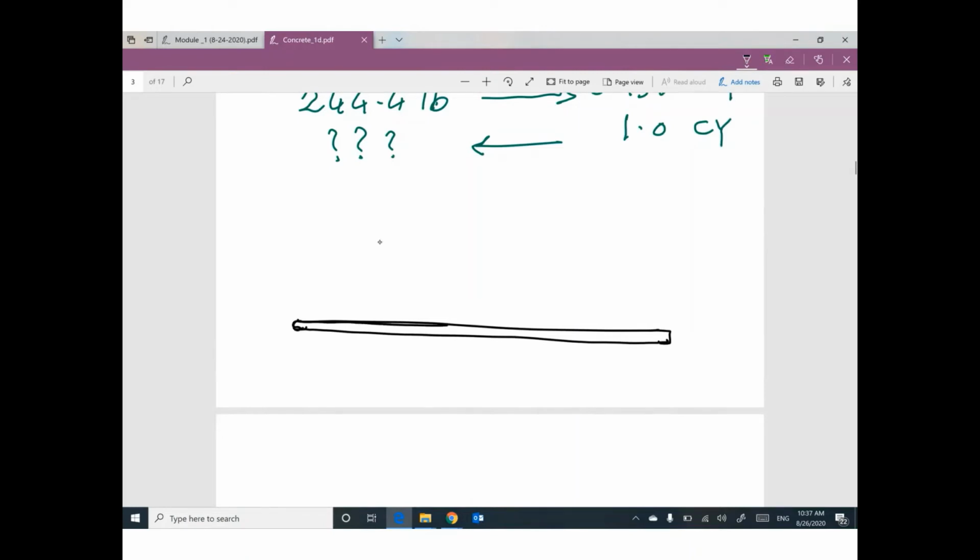This cable is pulled from this side and this side by a force F. If you have a rubber band and you stretch it or apply a tension force on it, what do you expect?